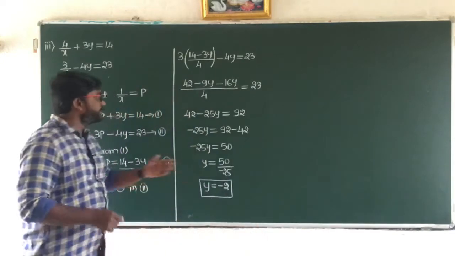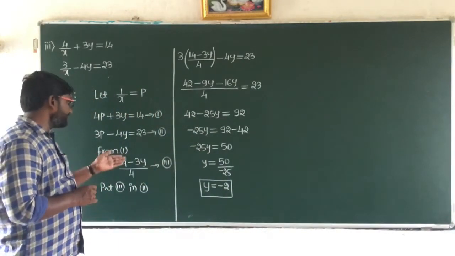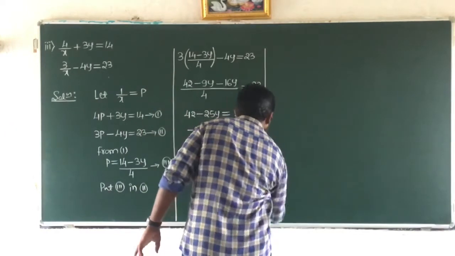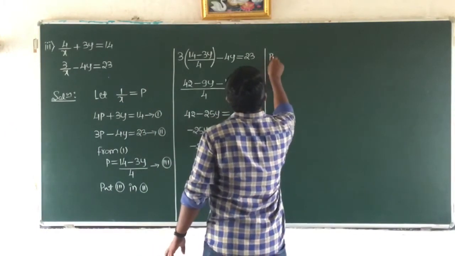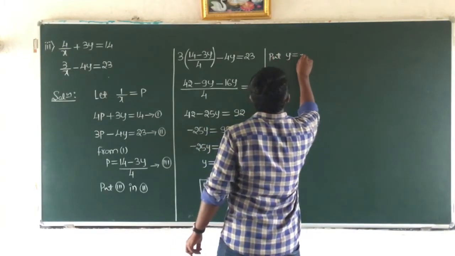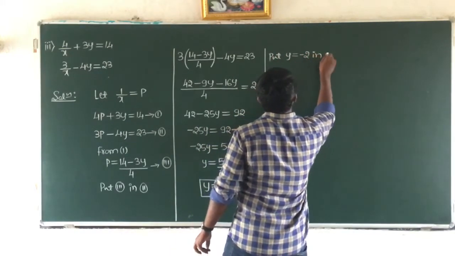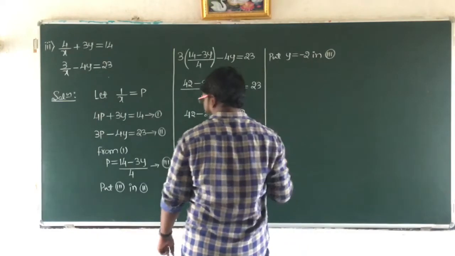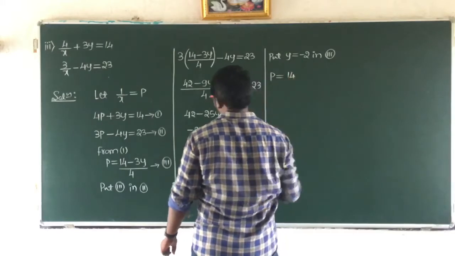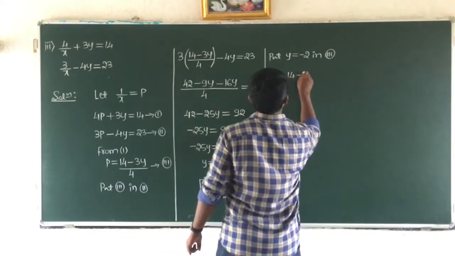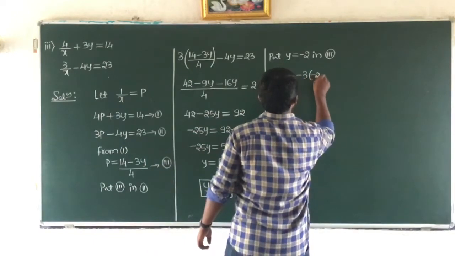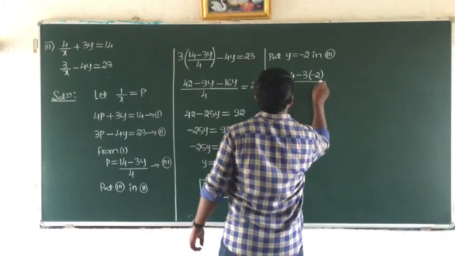Next substitute this y equal to minus 2 in equation 3, we get the value of p. Put y which is equal to minus 2 in equation 3. So now p which is equal to 14 minus 3, in place of y I write minus 2, whole divided by 4.